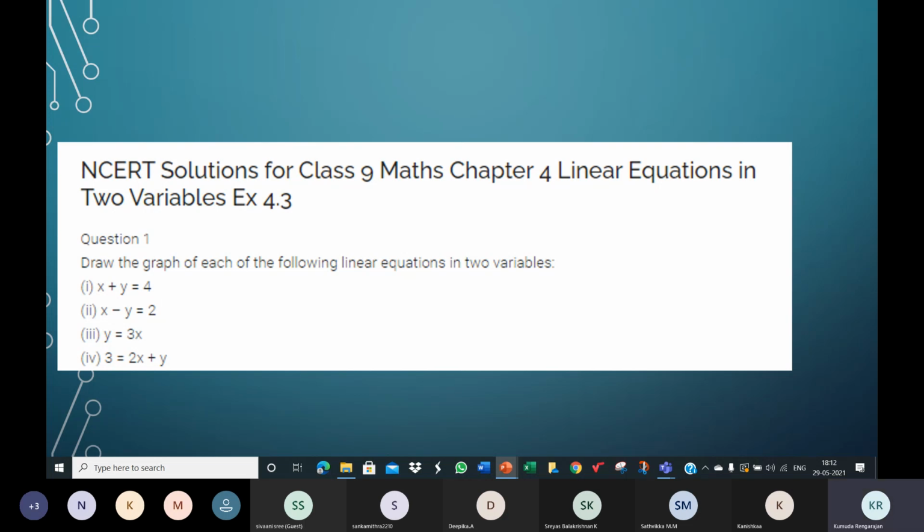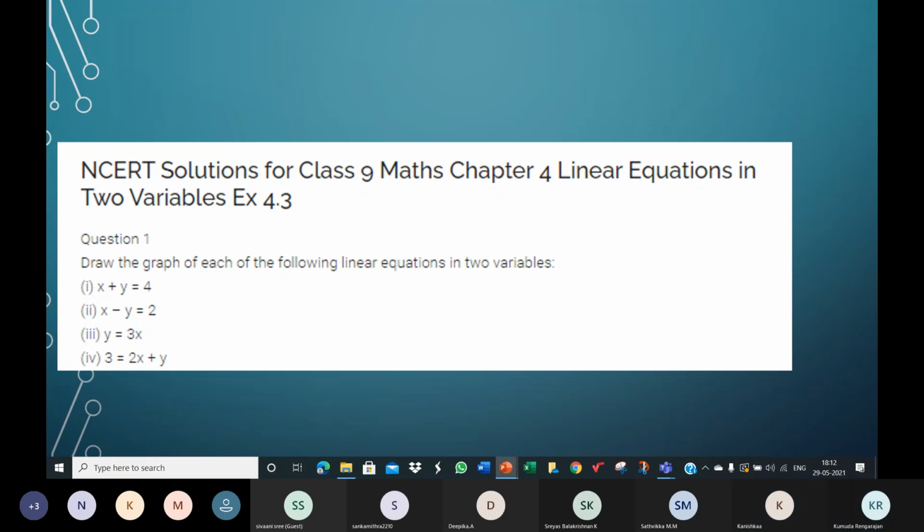Good, Kanishka. Very neat graph. Very good. Can you share the picture of your table also, Kanishka? Yes, ma'am. Just a second.